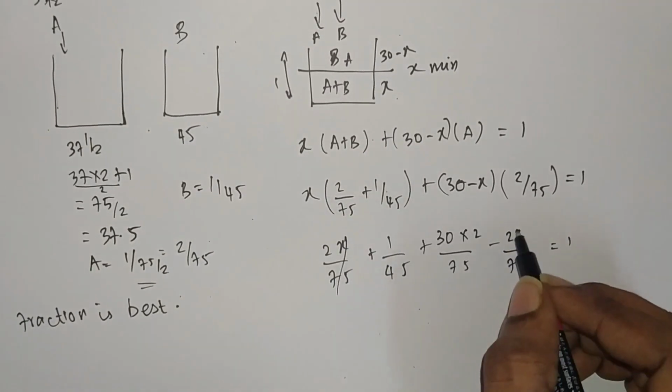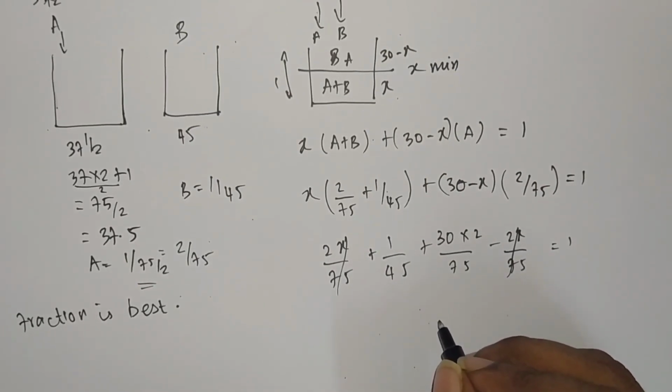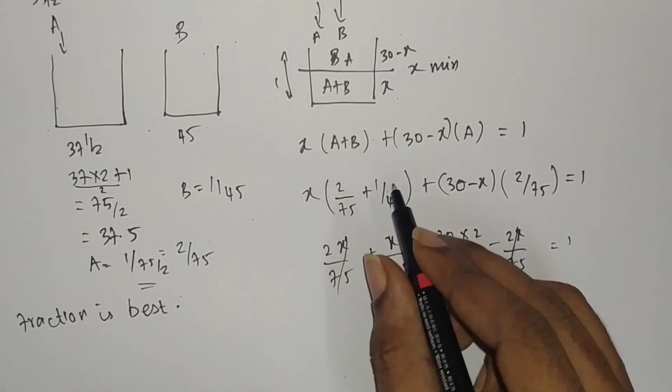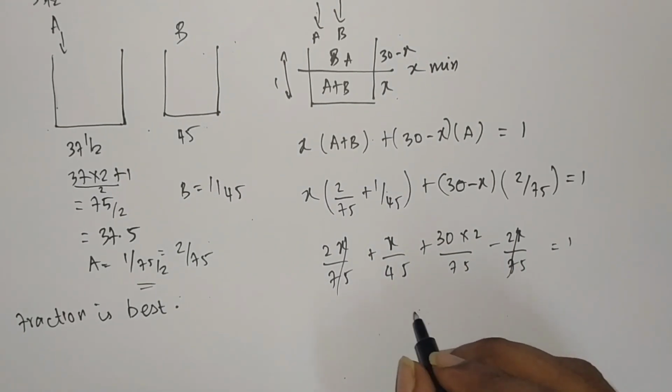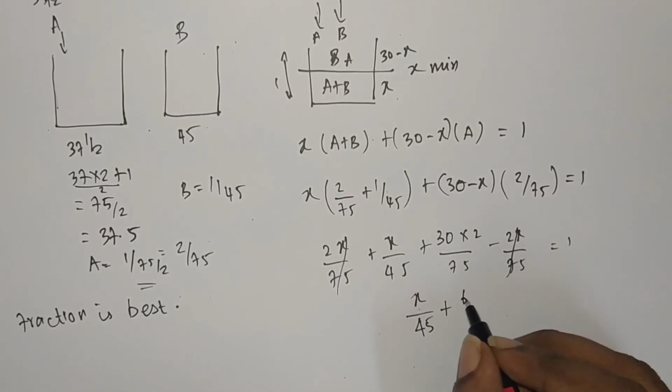Now cancelling out 2x by 75, we get x by 45 plus 60 by 75 equal to 1.